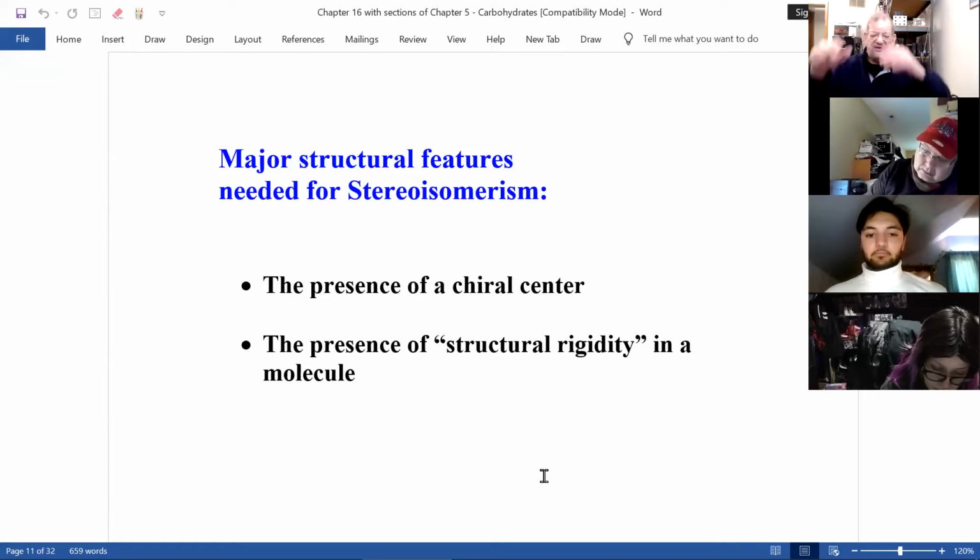So instead of going like this, it goes whoop. That's happened to me. I'm sure it's happened to you. Well, nitrogen in a quaternary ammonium salt can have 4 different groups, but it can go up and down, and therefore it's not rigid and it can't have, guess what? Stereoisomers.